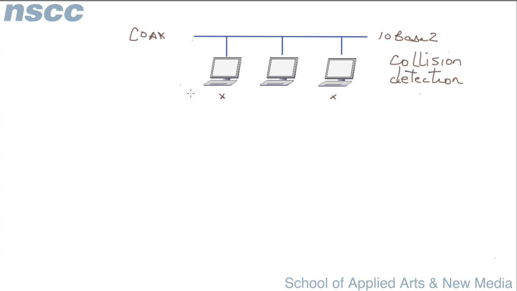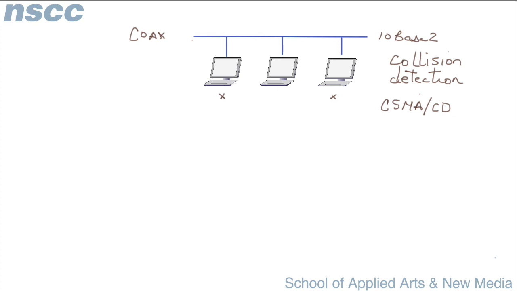They would back off some random amount of time, and then they would start transmitting again. But before they transmitted, they always sensed the line to see if it was free. This system was known as carrier sense, multiple access with collision detection.